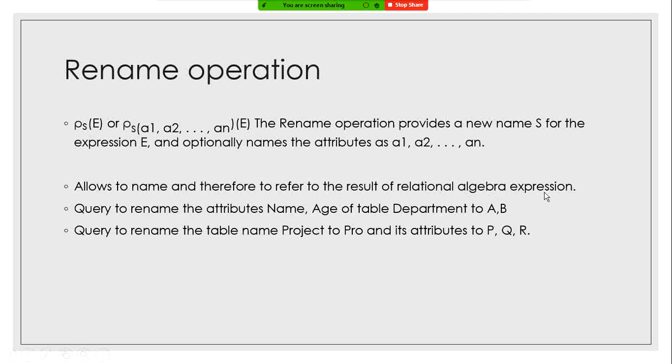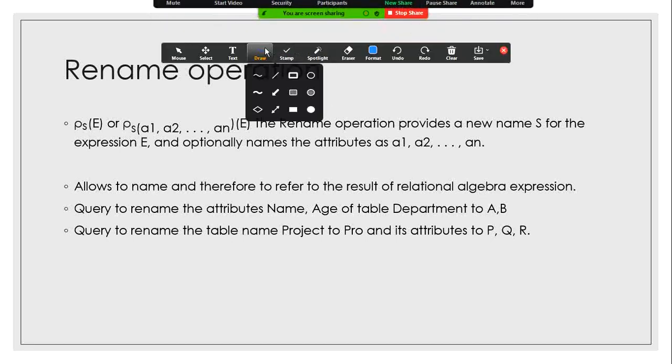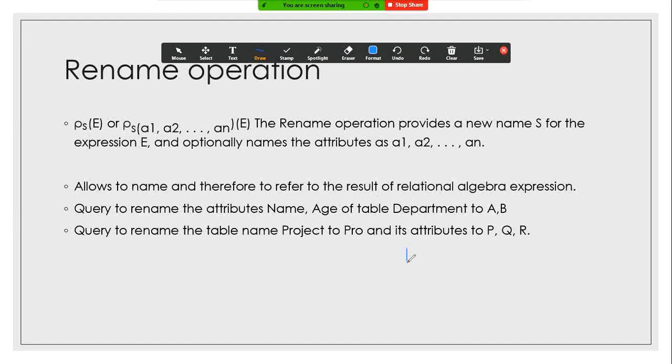So we have seen different result tables in our previous examples. So we can actually give names to our resulting relations. We have an example here. Write a query to rename the attribute names age of table department to A and B. Now we have to change the attribute names of the department table, which are name and age, to A and B. So how will we write this? Let's see. First we will write the rename operator, which is like this small rho, and then in the brackets we will write the names to which we want to change.